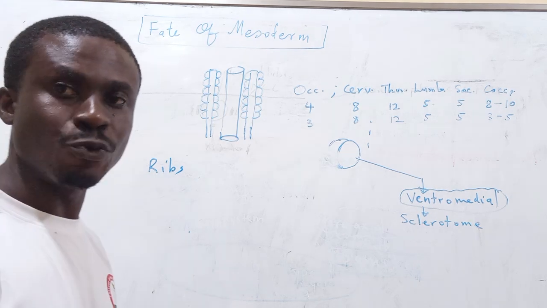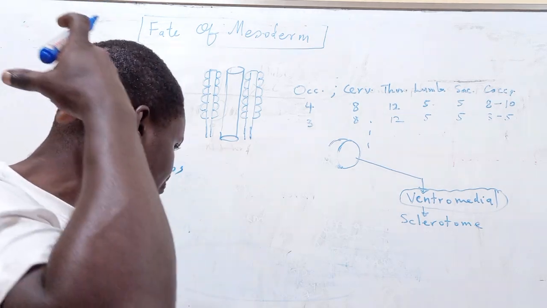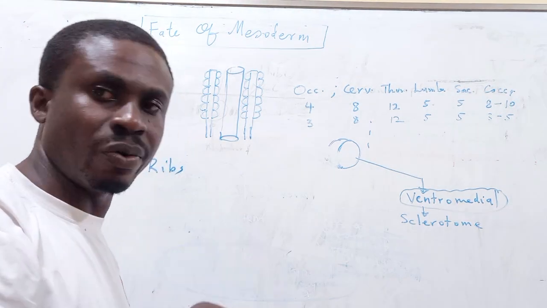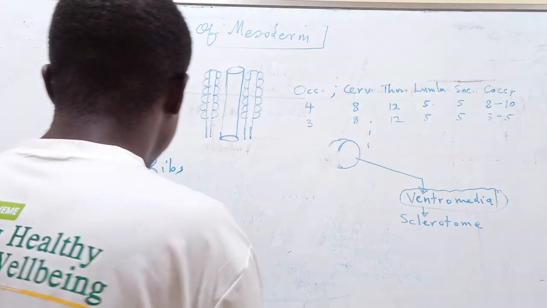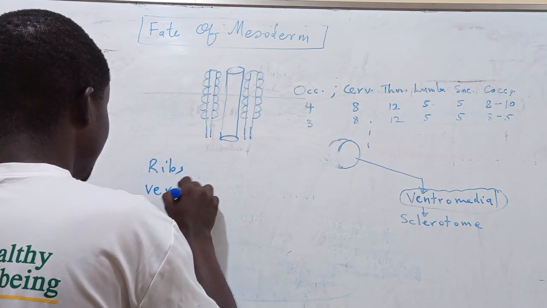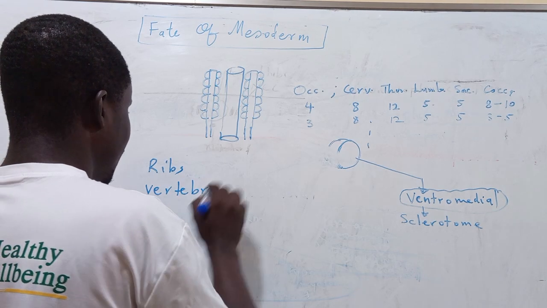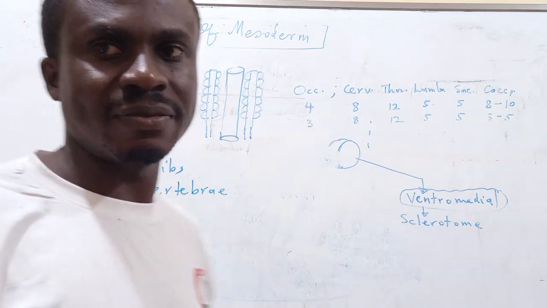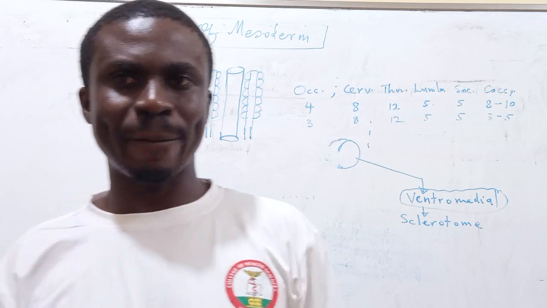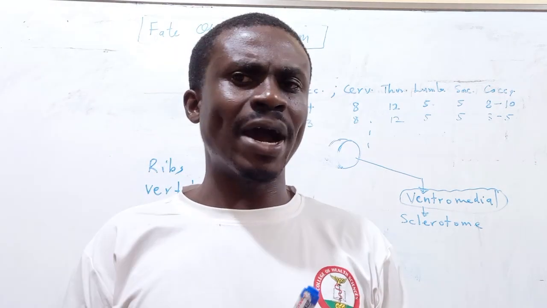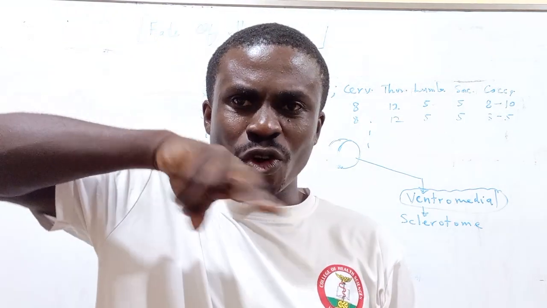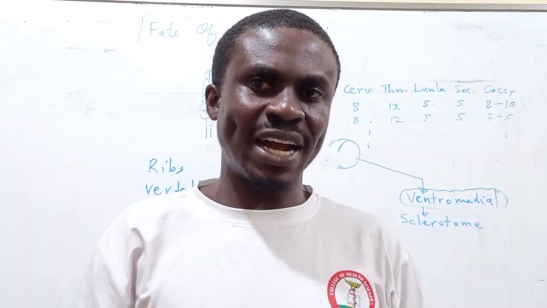And not only ribs, we also talk about what we call the vertebrae. Bones that form the vertebral column. So vertebrae. Yes, that's what I want you to know. But not only that one, even the annulus fibrosus of the intervertebral disc.